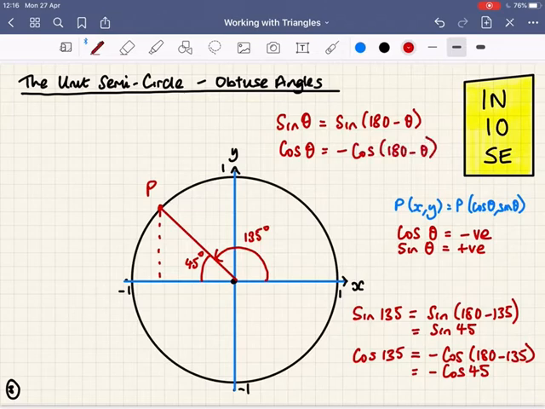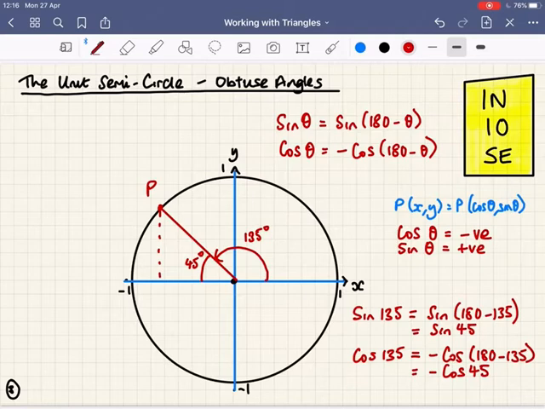So the example I've got there, for an angle of 135 degrees, sine of 135 degrees will be the same as sine of 180 minus 135. In other words, sine 45. And cosine of 135 will be equal to minus the cosine of 45.